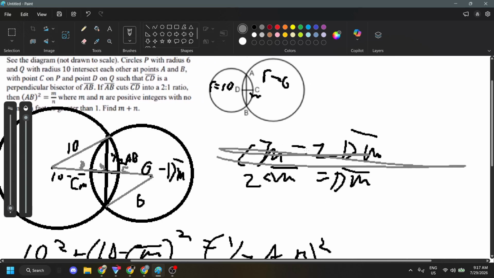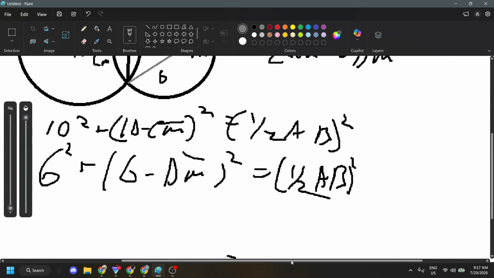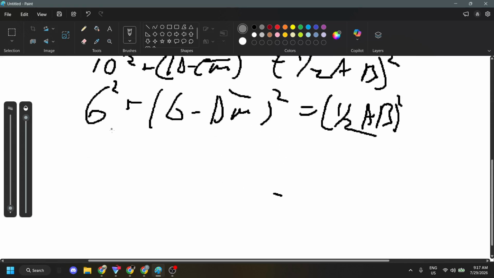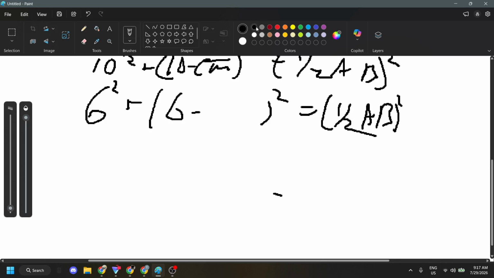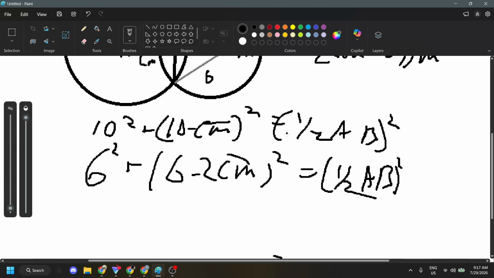So 2CM is equal to DM. So I'll just replace this with 2CM. Okay, this seems solvable now.